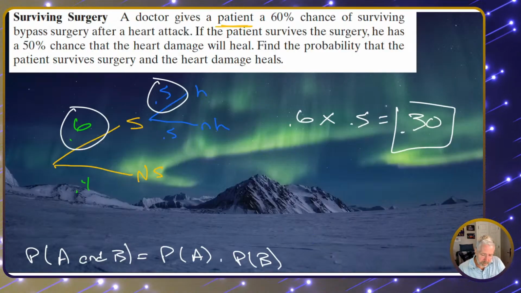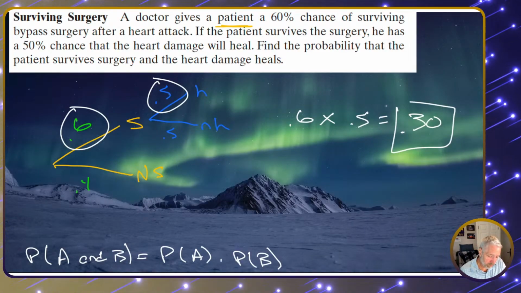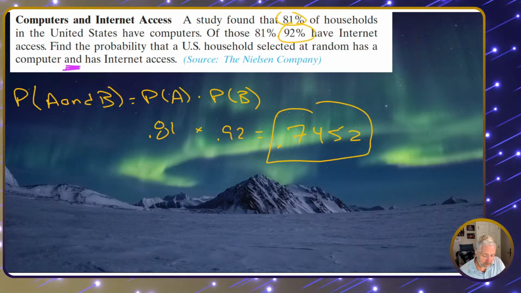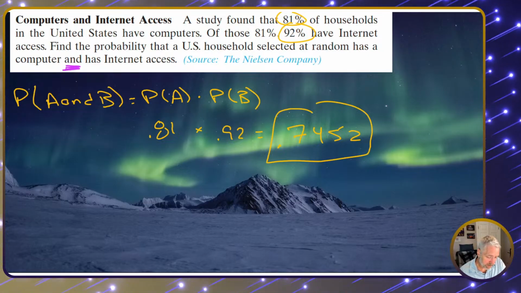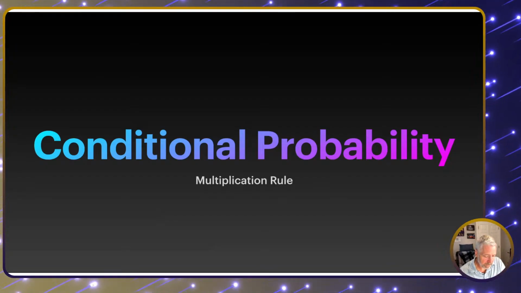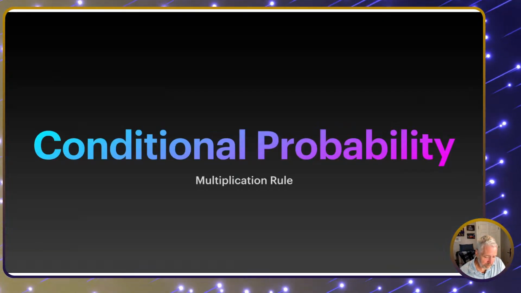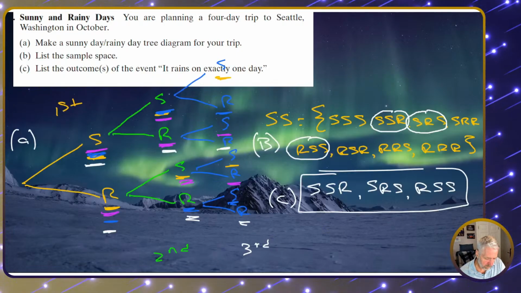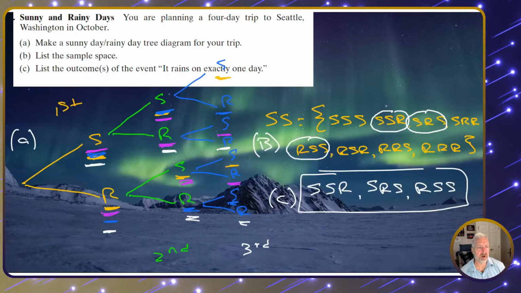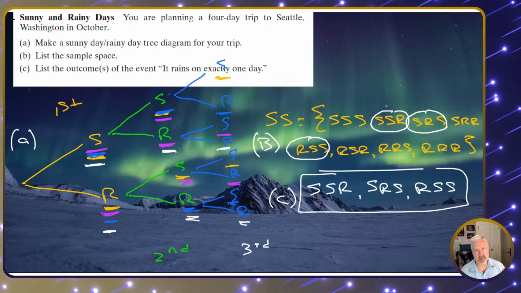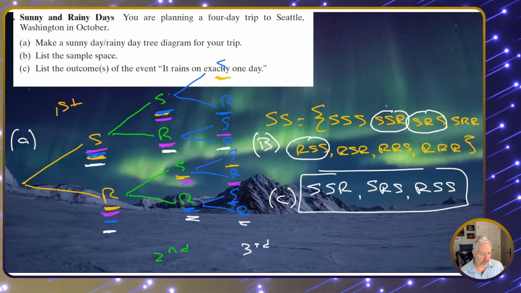We talked about some overview things before I went into the problems with the addition rule. We did the multiplication rule. We worked through a problem with a tree diagram. Several tree diagrams, actually. We worked with some context problems there. Talked about the overview. That was conditional probability, the multiplication rule. And we talked about another tree diagram that we had to build and a sample space, and then pull out of that sample space the outcomes of the particular events that were asked for.